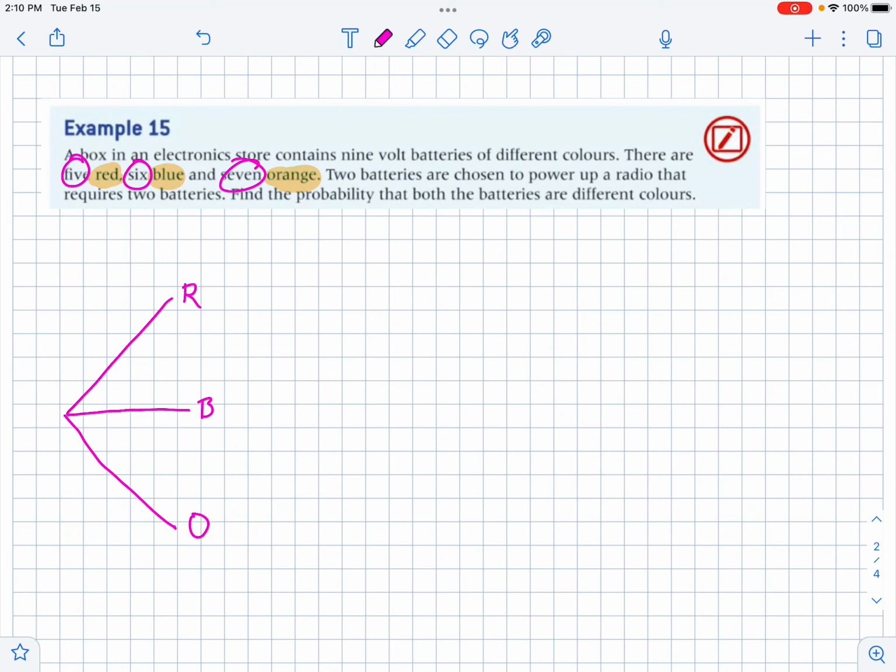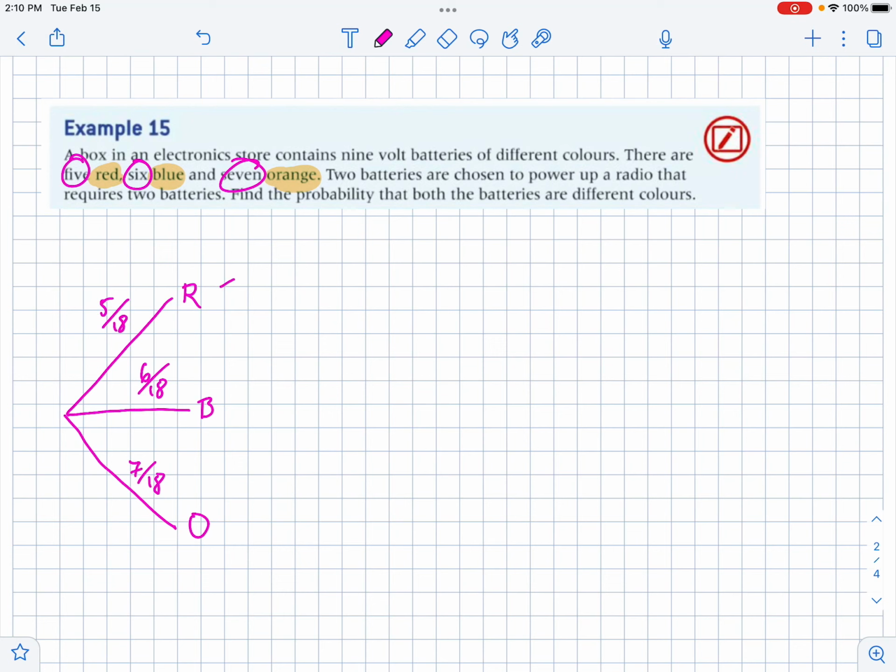If you add 5, 6, and 7 together, I believe you get 18. Yeah. And then 5 of them are red. So the probability of this branch right here is 5/18. Then there's 6 blue, which should be 6/18. And then there's 7 orange, so this is 7/18.